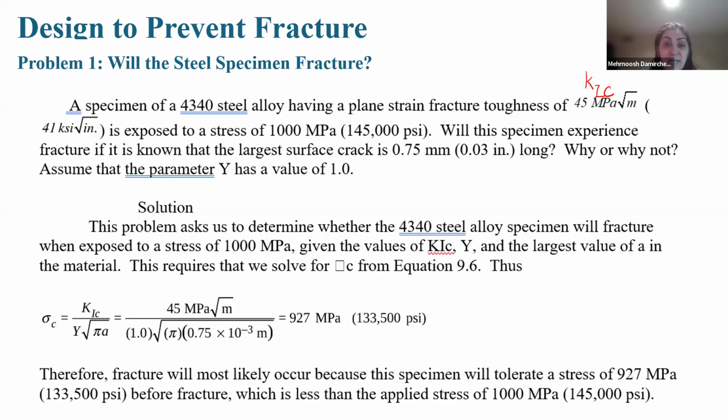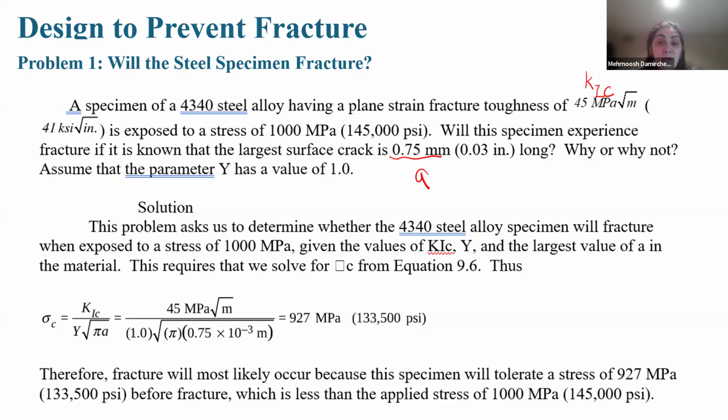This is the crack length, or A. Why or why not? Assume that the parameter Y has a value of 1. I told you in a previous slide that sometimes for plane strain scenarios we can consider Y equal to 1.